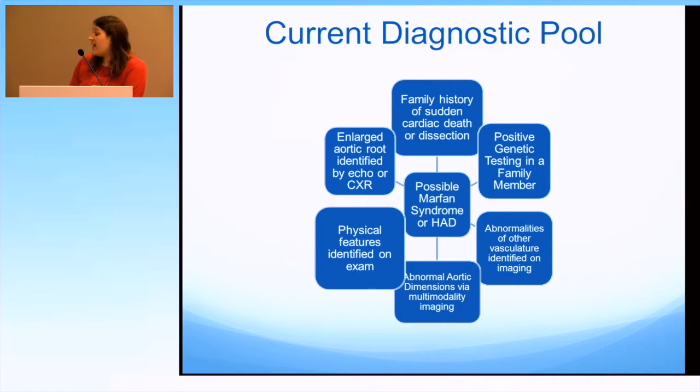Abnormalities of the other vasculature identified on imaging. So now with cross-sectional multimodality imaging, we're getting a lot of people that have iliac dissections of the arteries in the legs. They get brain imaging for another reason. Somebody gets an MRI of their brain because they have migraines and there's abnormal vasculature of the brain, and somebody says, oh, this is not normal. Maybe they have a connective tissue disorder.